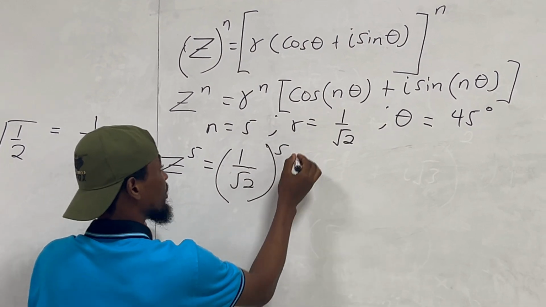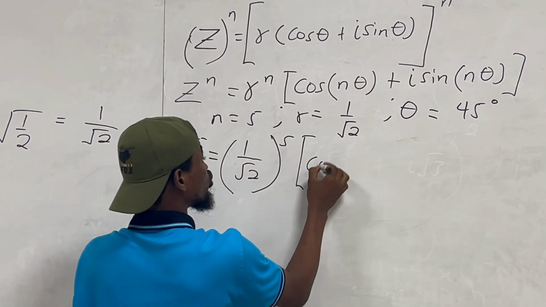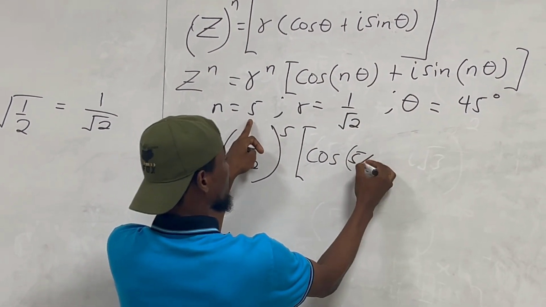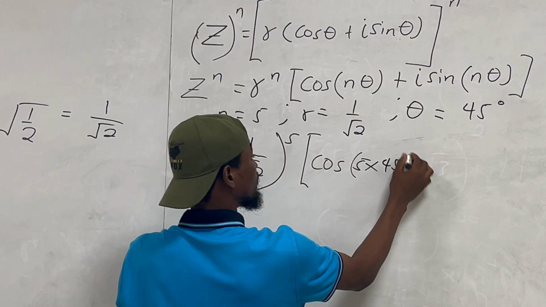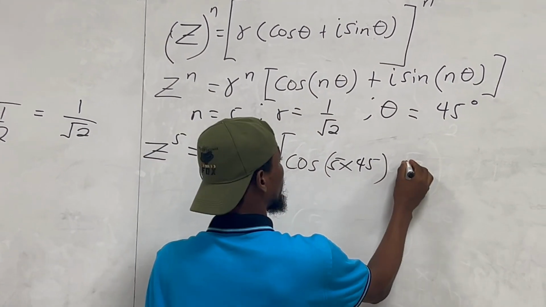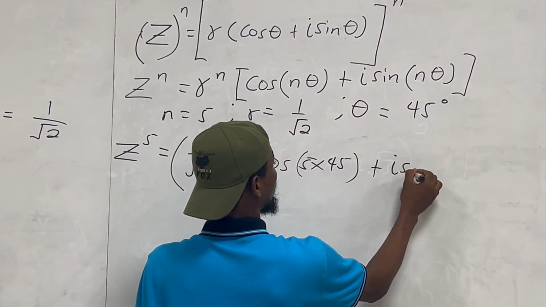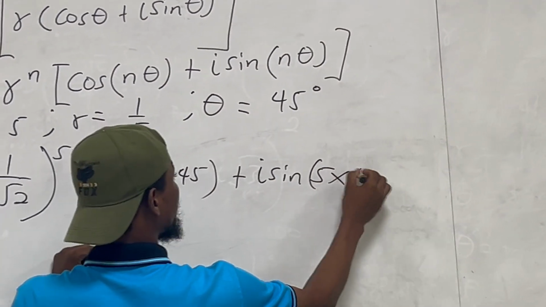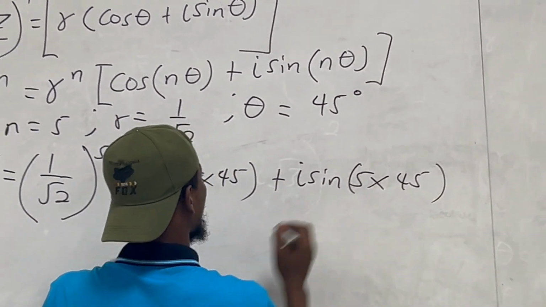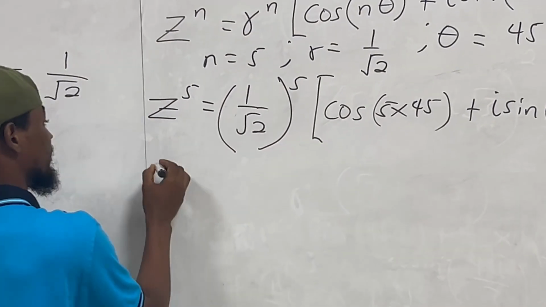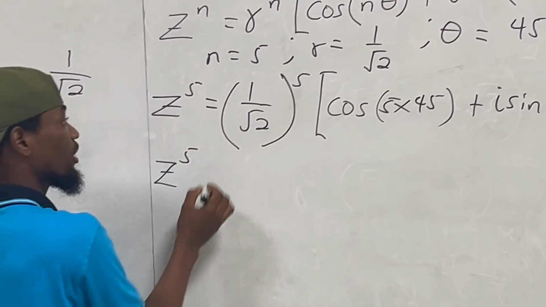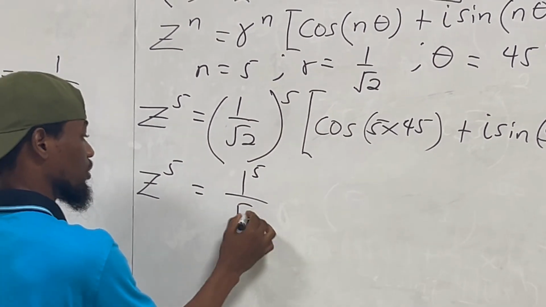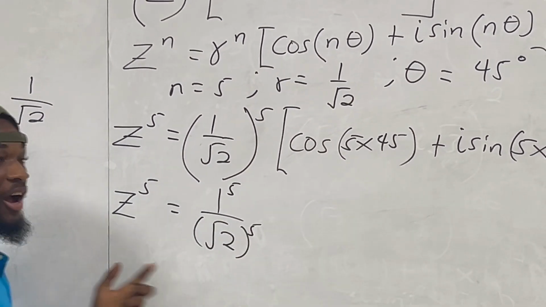Multiplying, I have cos n by theta. So I have 5 times this, plus i sine, n is 5 times 45. So I have z to the power 5 equals 1 to the power 5 over this to the power 5.